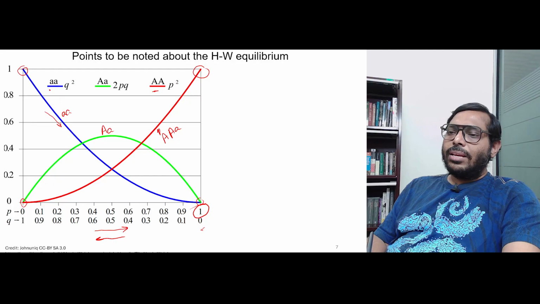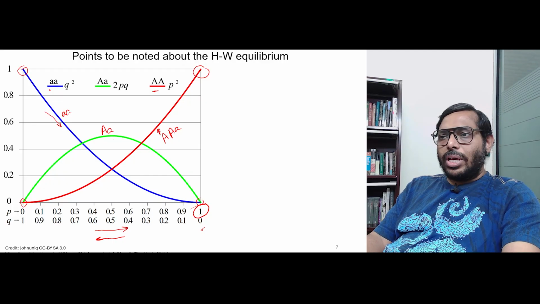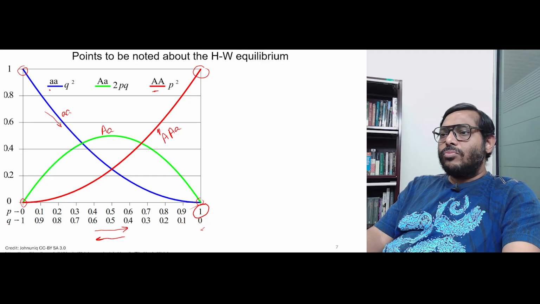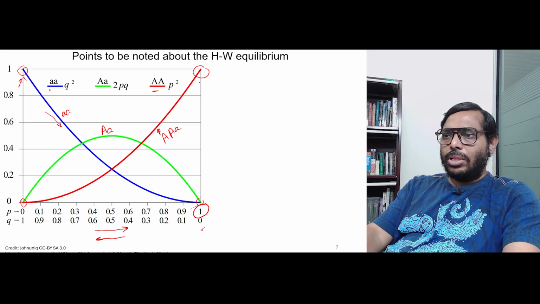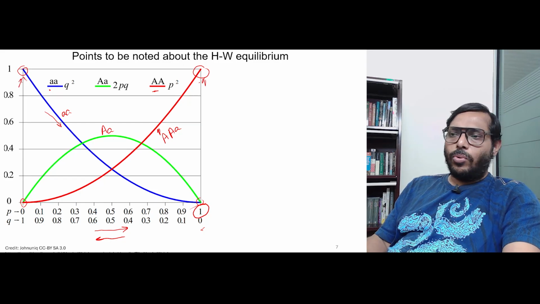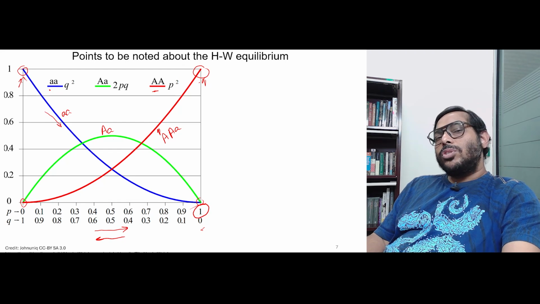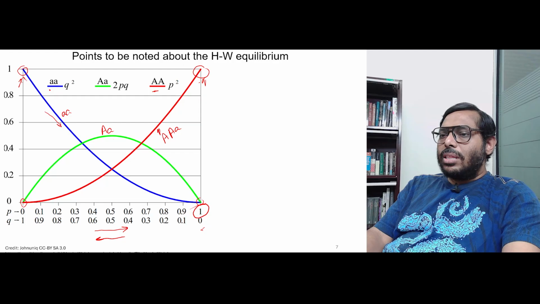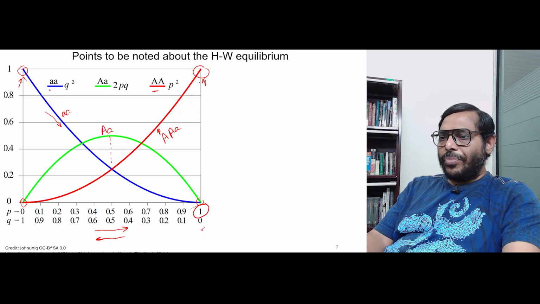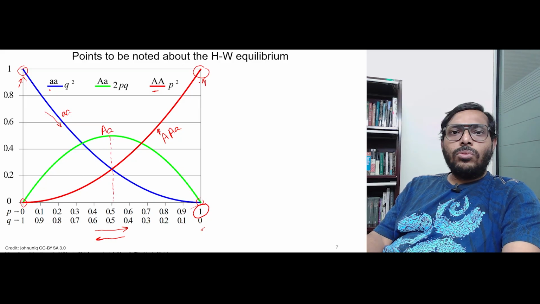The interesting thing is that for both the homozygotes, the maximum is when p equals 1 or when q equals 1, this point for q equal to 1 and this point for p equal to 1. But when it comes to the heterozygote, the capital A small a genotype, you can see that the maximum value occurs somewhere in the middle, and for the 1 locus 2 allele scenario, this value is going to become maximum when p equals q equals 0.5.